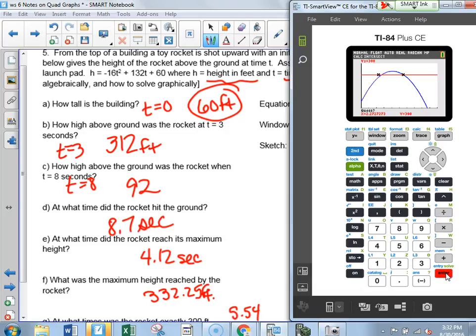So the other one is at maybe 2.7 seconds. That was this intersection point over here, yes.